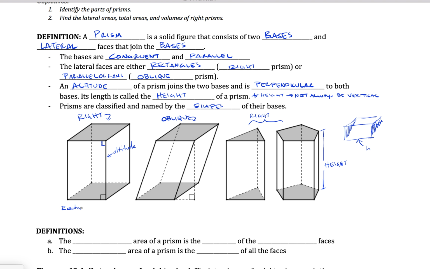So we call that a rectangular prism. This one's base is pretty clearly a triangle, so we call that a triangular prism. And that one's base is a pentagon. It's got 5 sides, so we call that a pentagonal prism. So that's some of the terminology for prisms.